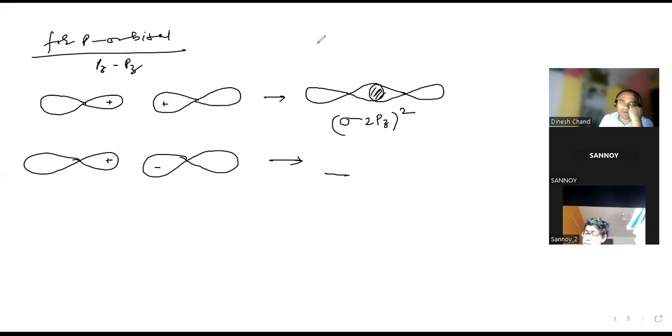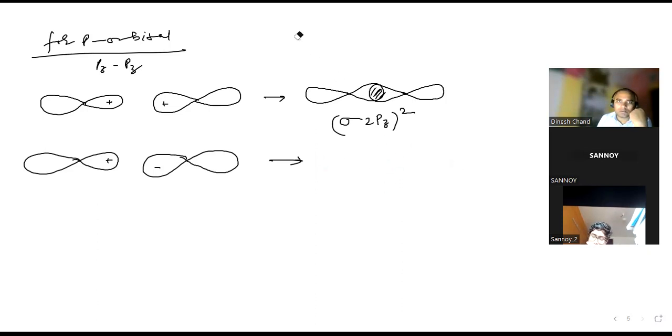If you are making this one, how can you make it? They are going to be away from each other, so let it be like that. They are not going to come closer.